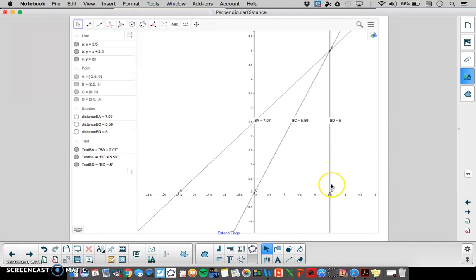Horizontal and vertical lines are completely perpendicular. So our perpendicular distance is the one we're always going to look at for true distance between a point and a line. So the distance between this point B and the x-axis, we would say, is actually 5, because it is the perpendicular distance between point B and the x-axis.